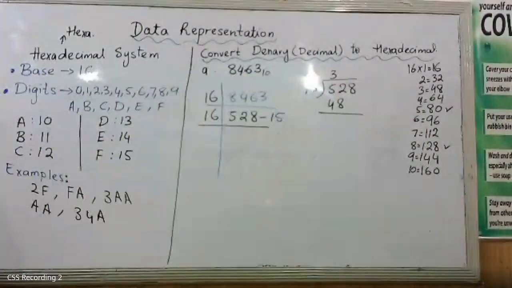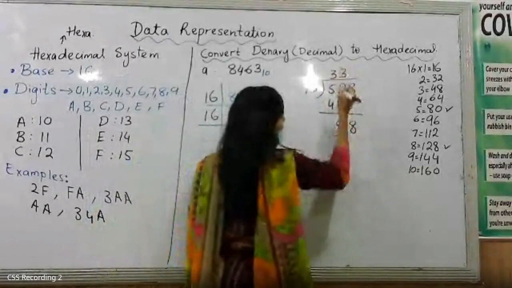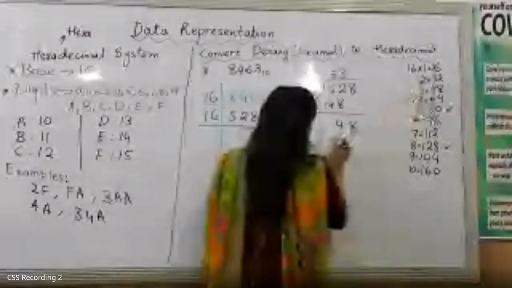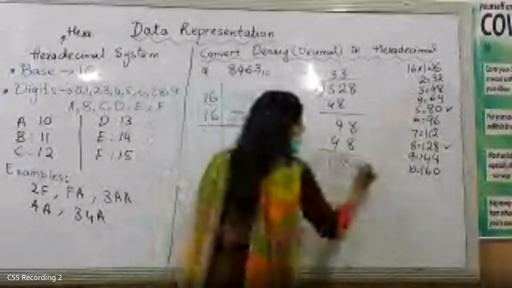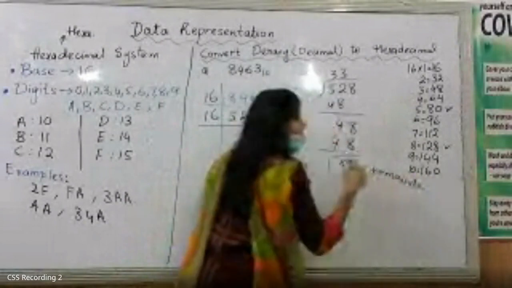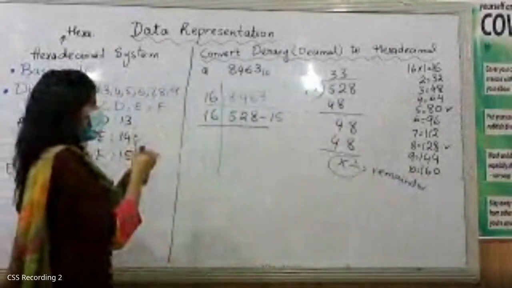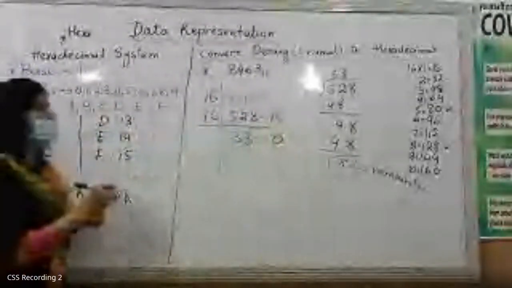And we will get 48, and the remainder is, we have no remainder, or 0. No remainder means it is 0. 16 times 33 is 528, and the remainder is 0. Right? In the same way, we will divide it again.